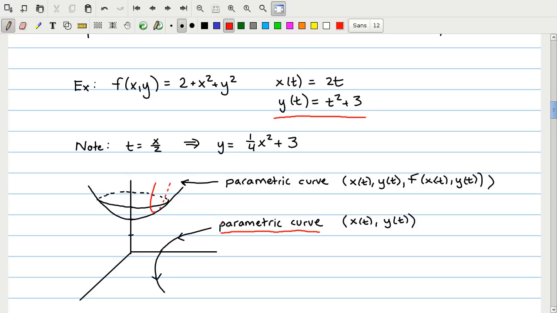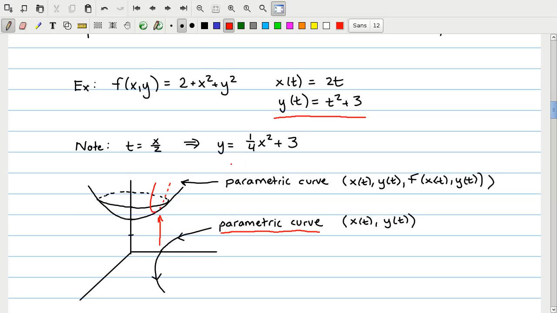If this is the trajectory of x and y, then we simply raise this curve up onto the paraboloid to get that line on the paraboloid, which is the actual trajectory, the actual change in the value of z as t changes. As t changes, it traces out this line on the paraboloid. And the question is now, what is the rate of change of z as this curve is traced out on the paraboloid?